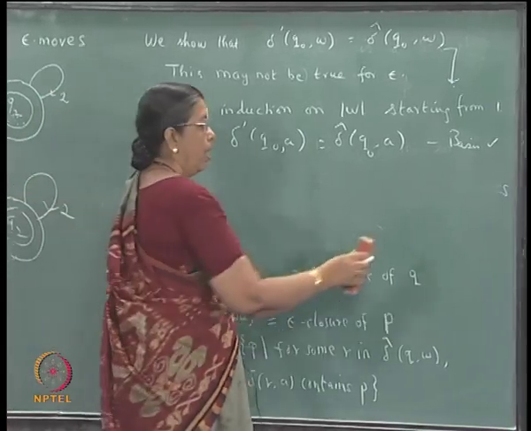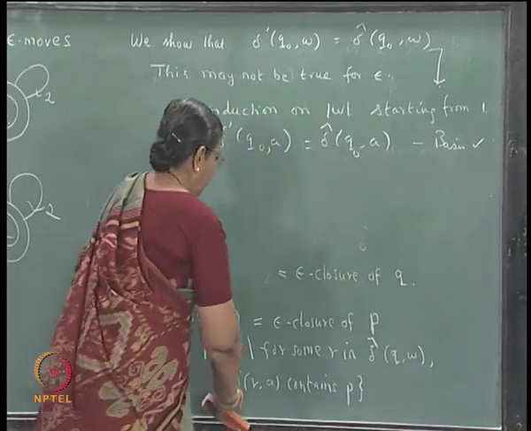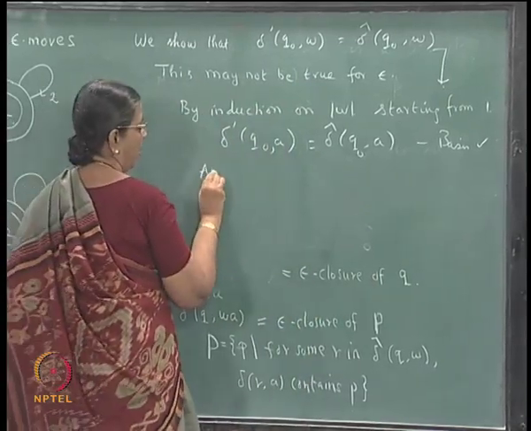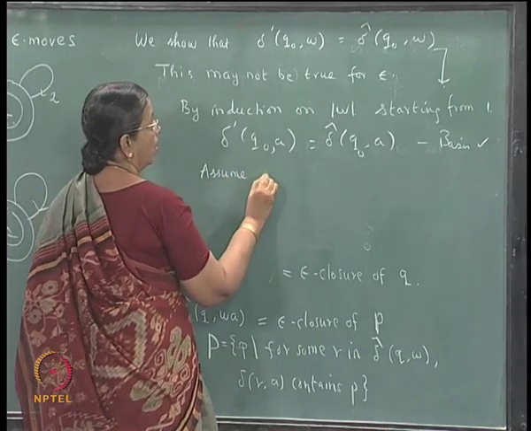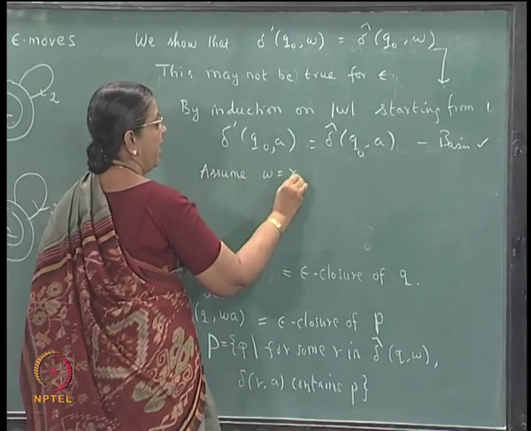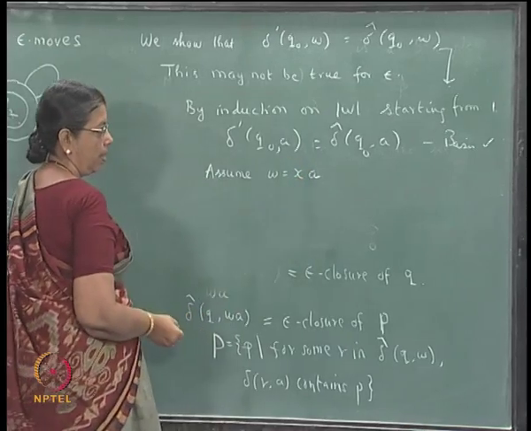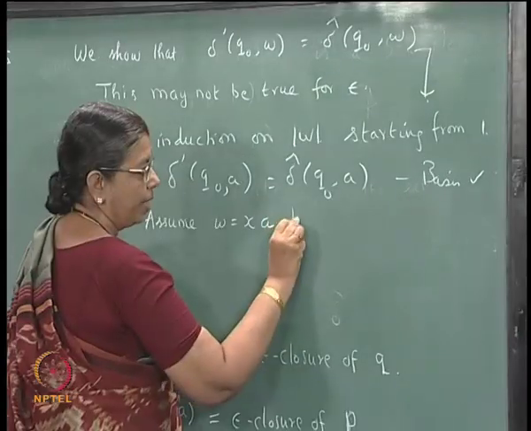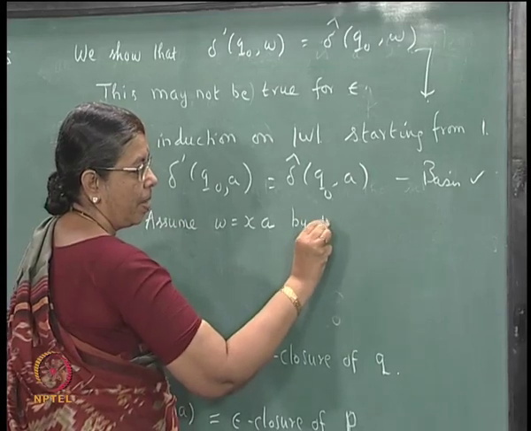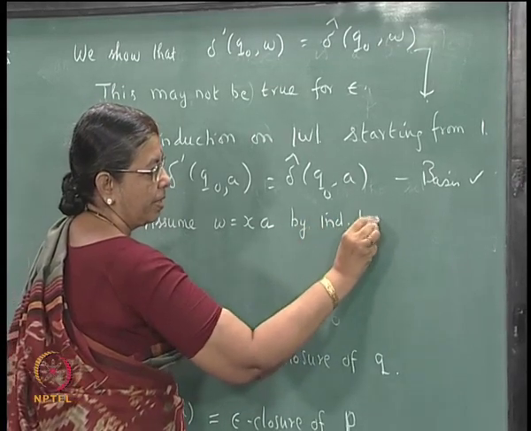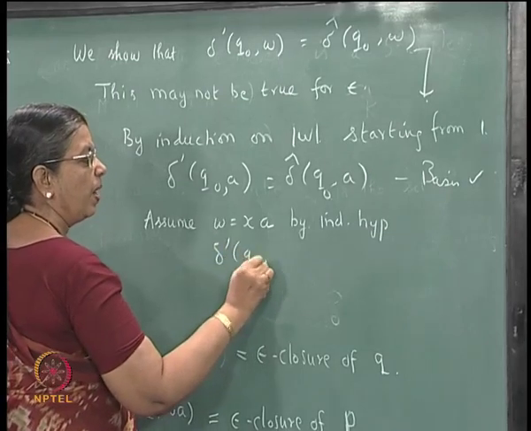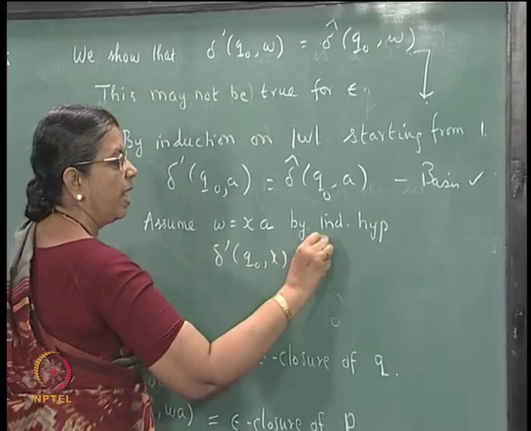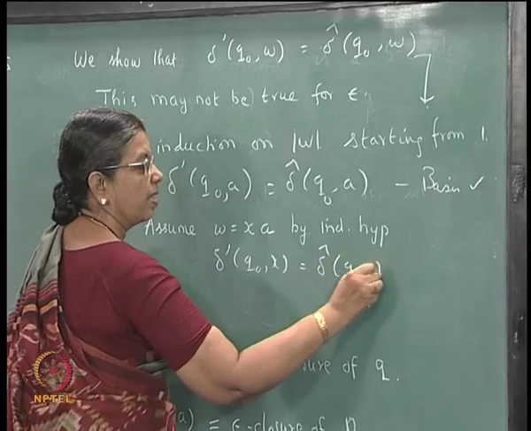Now, assume w is equal to some x a, and by induction hypothesis delta dash q naught x is equal to delta cap q naught x.